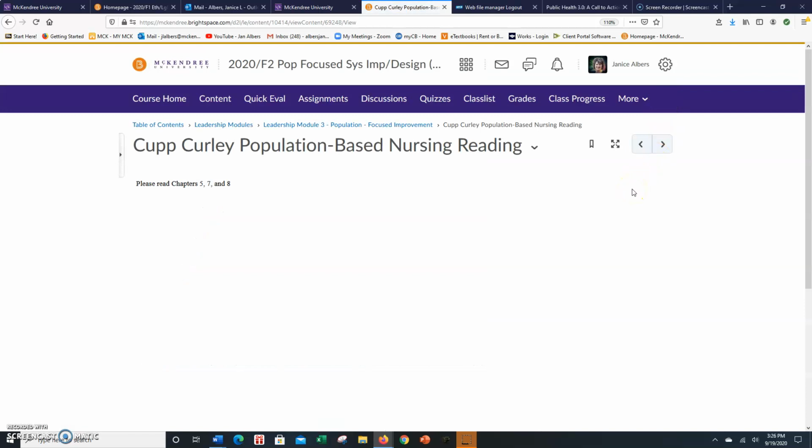So in our readings, we are going to examine the evidence at population health levels. We're also going to dive into the concepts of program design and development, as well as examining the practice, evaluating the practice at population health levels.